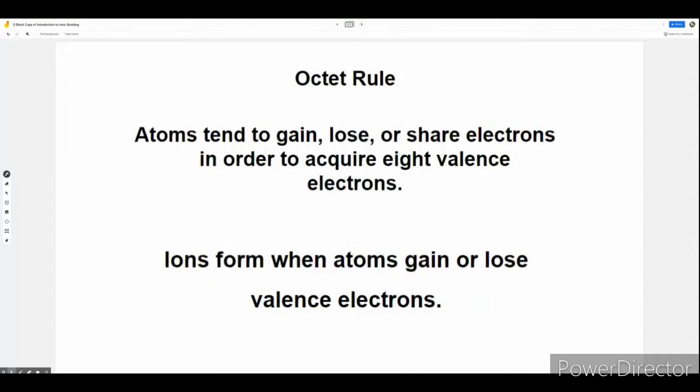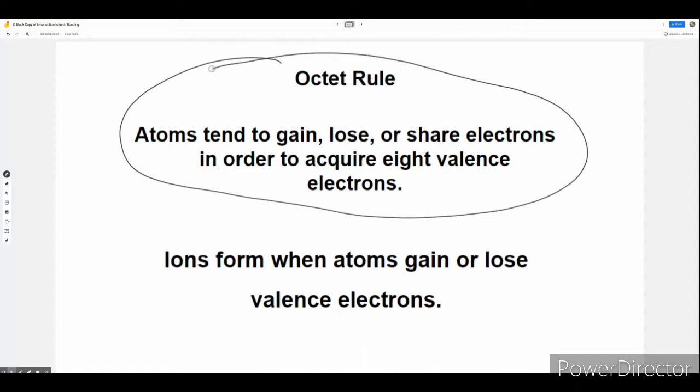When we talk about compounds and bonds and chemical reactions, all chemical reactions come back to this one fact. Every atom on the periodic table wants 8 valence electrons. That is the ideal number. That is the most stable number you can have.